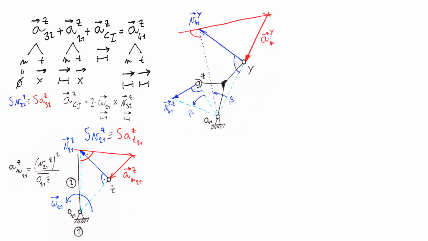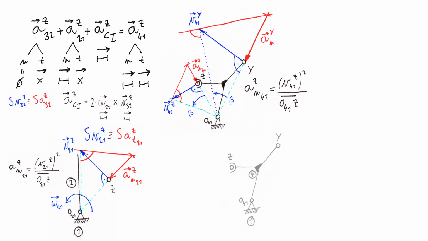And for 4-1 we know it completely because we know the motion of 4 with respect to 1 in point y, so we can transfer that into point z, and we can either do it one component at a time, or we can do it all together.